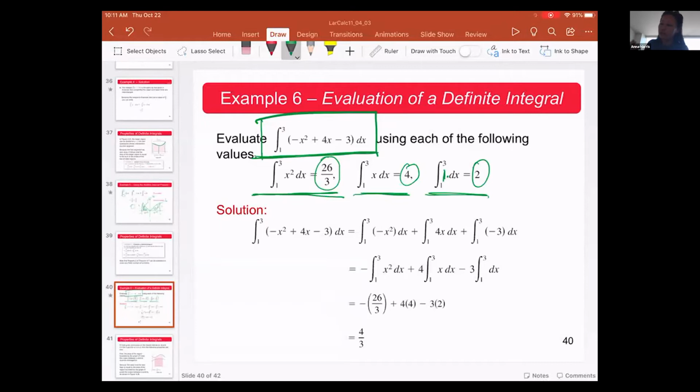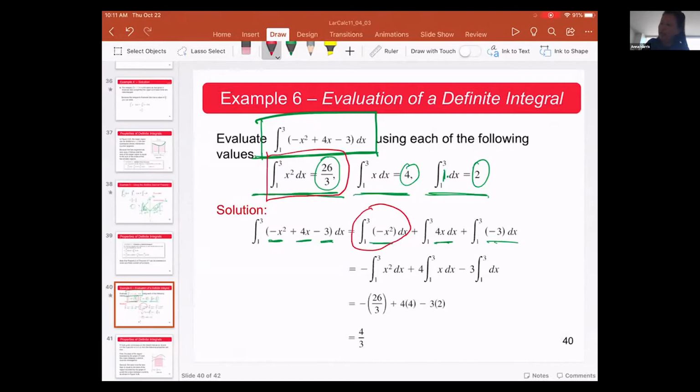So now let's break it up. I'm going to write down the x squared term by itself, 4x by itself, and -3 by itself. Now you need to make a connection. This is similar to that one. It says the integral of x squared gives you 26/3.